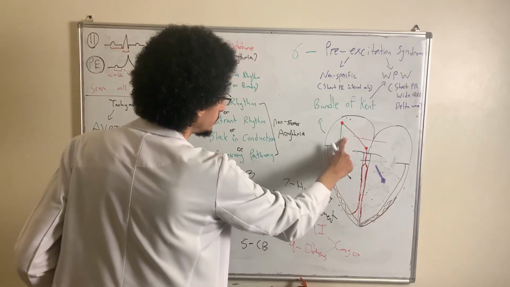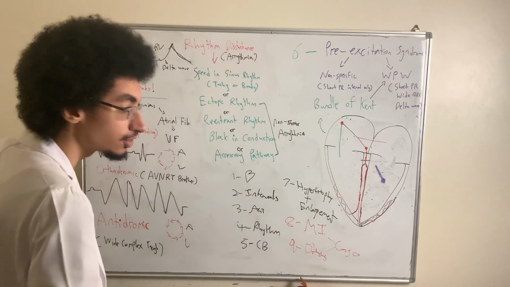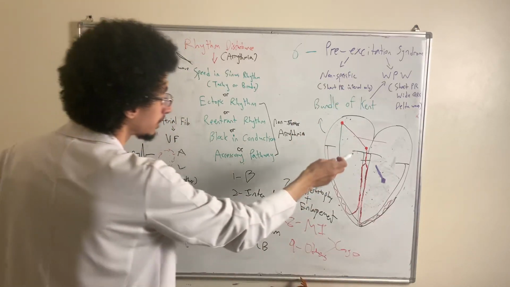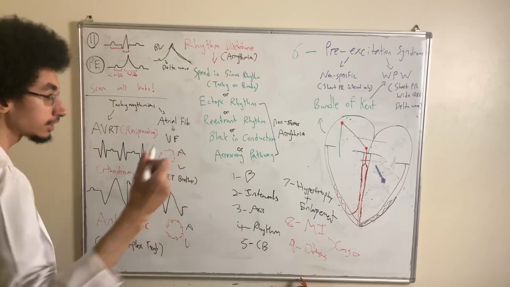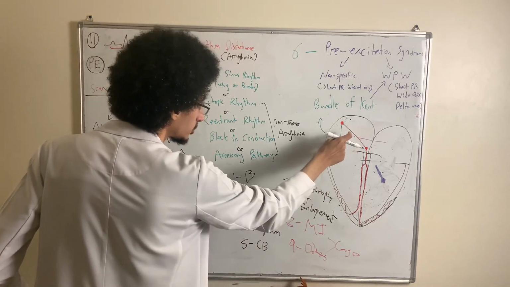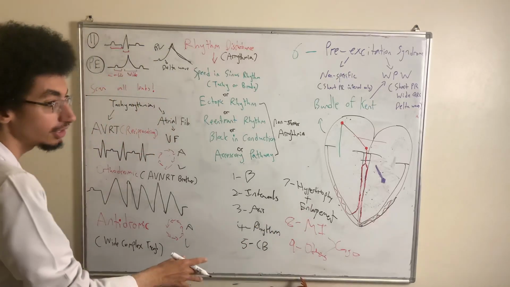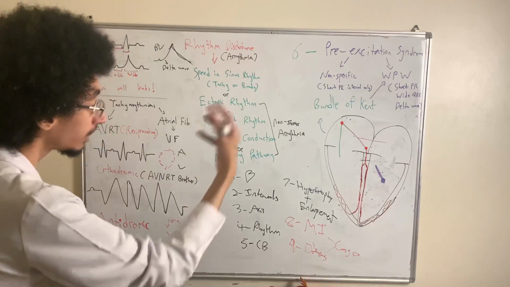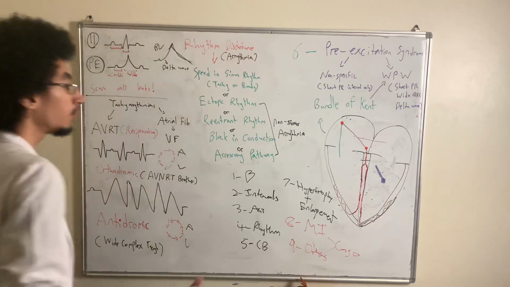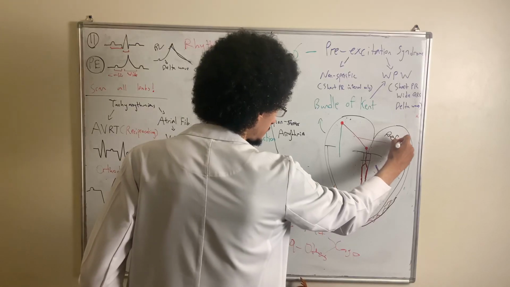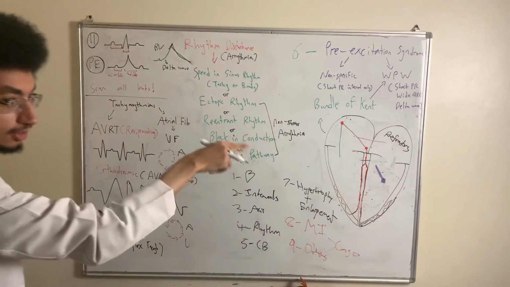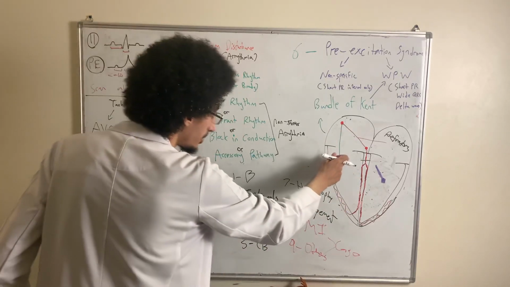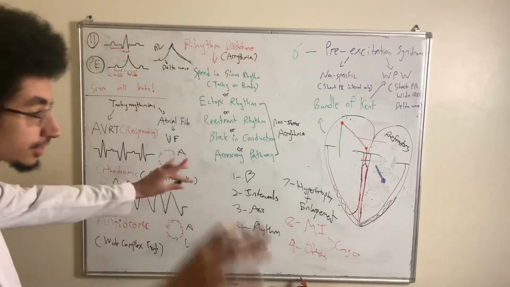As you know from the previous video, when we have an early action potential coming towards an electrical conducting system, like for example the bundle branch, or the accessory pathway, or the AV node, while it's still repolarizing, this can lead to what is known as the refractory period. While we're in repolarization, the accessory pathway or the AV node doesn't accept an action potential.